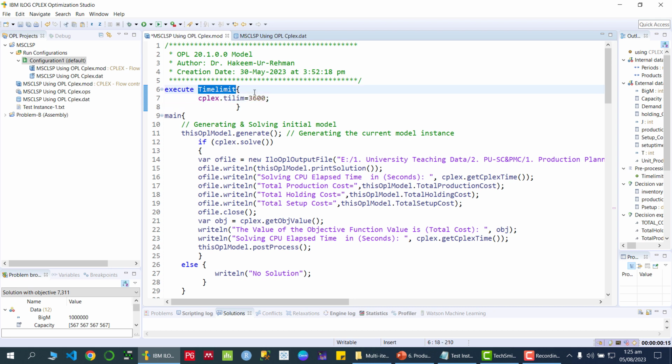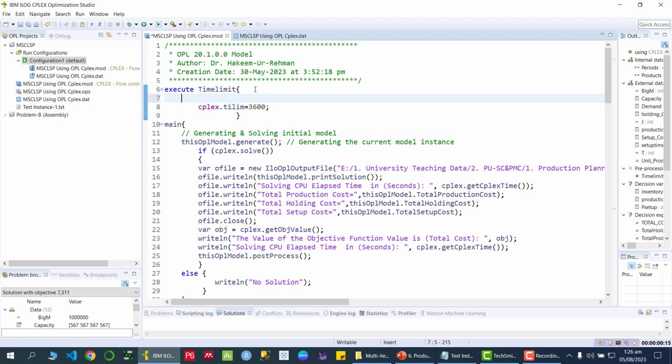That is basically I am saying how much time I want to set for CPLEX to solve the particular model within this time period. If it is taking longer than that, then just stop after this upper time limit and show me the results. So how can you do that? Simply, this is a block where we are executing the time limit.